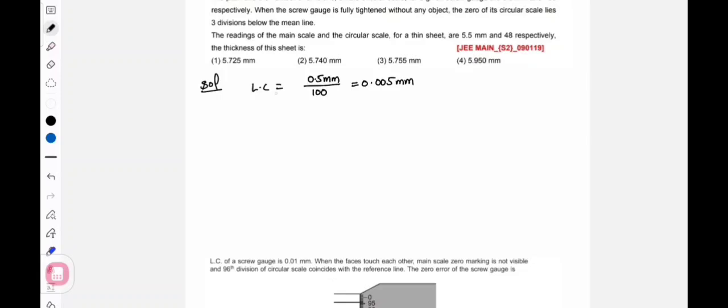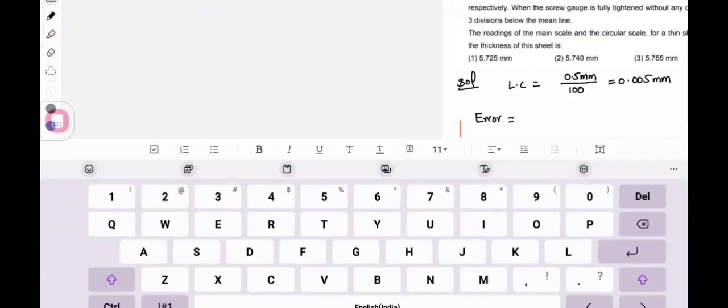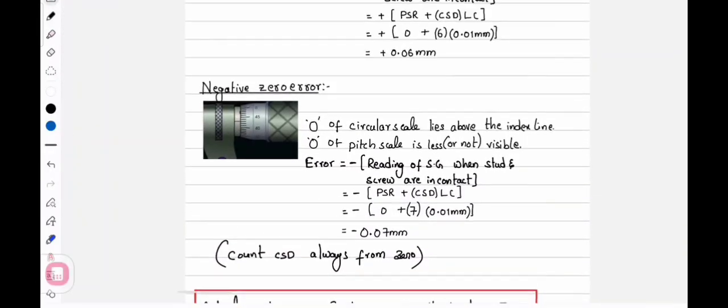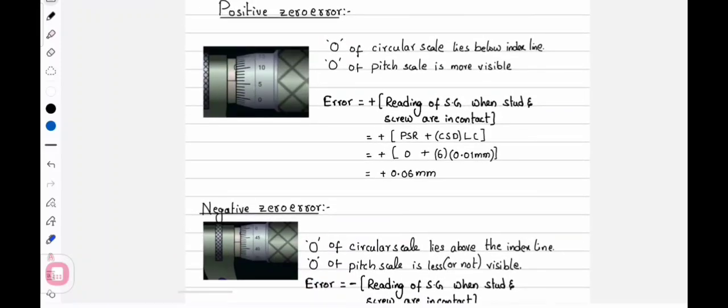And the screw is fully tightened without any object. The zero of its circular scale lies 3 divisions below the main line. Yes, this instrument is possessing error. You can see the zero is lying below the reference line.